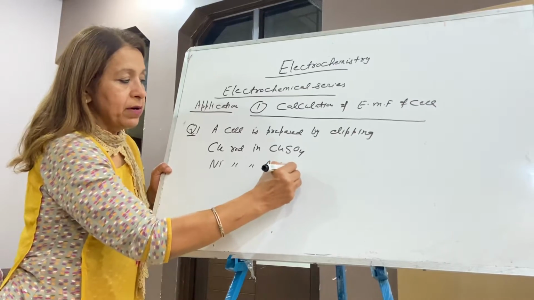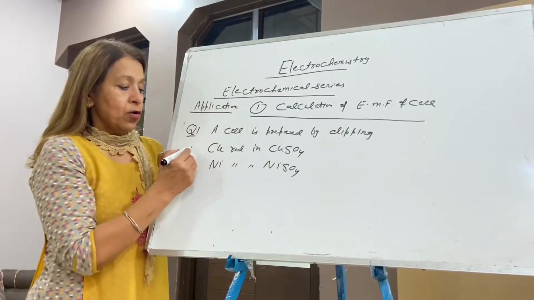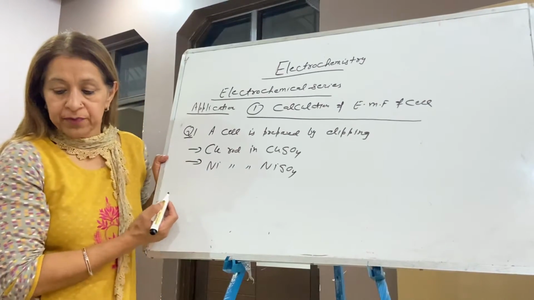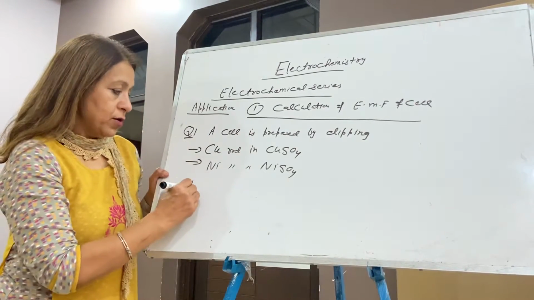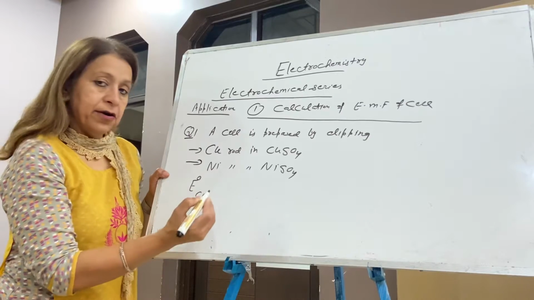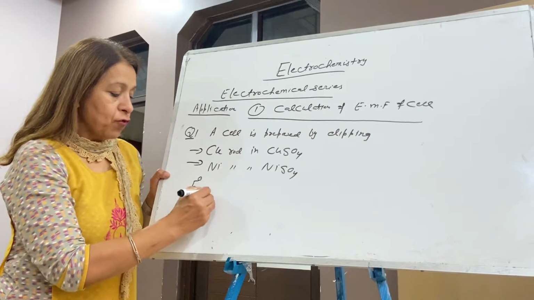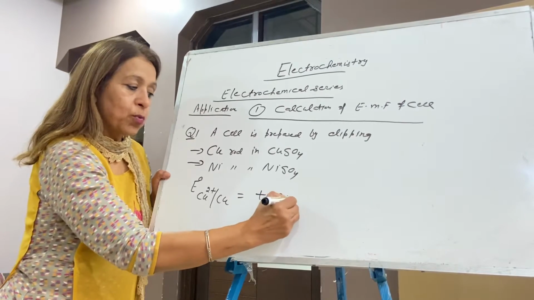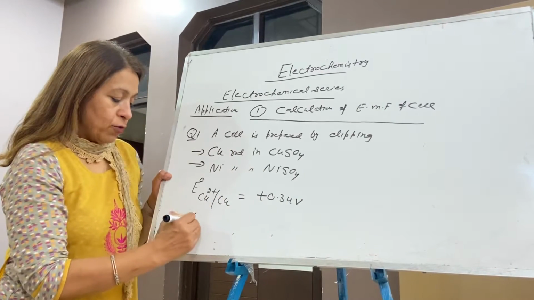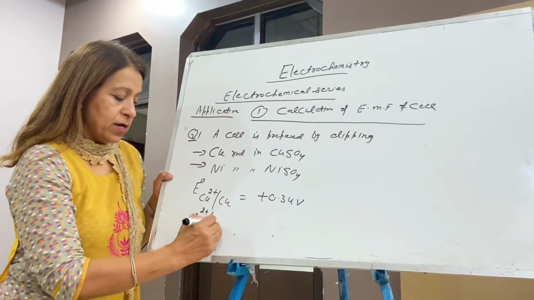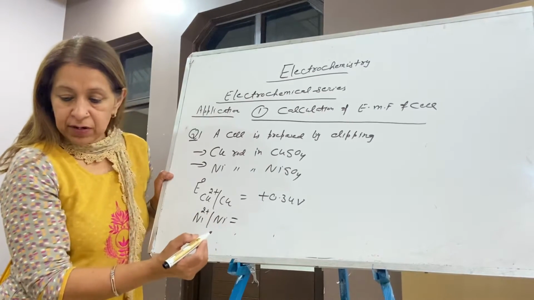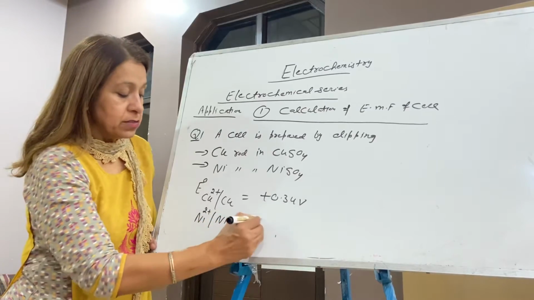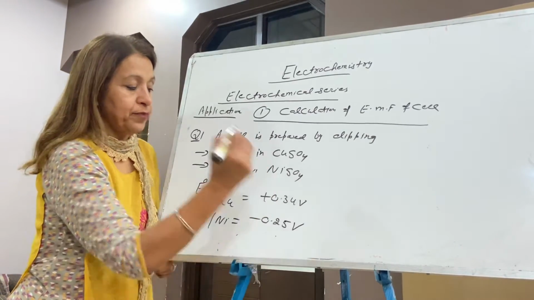Their E naughts, the standard reduction potentials, are given, write down. Copper is plus 0.34 volt and nickel 2 plus, nickel is minus 0.25 volt.